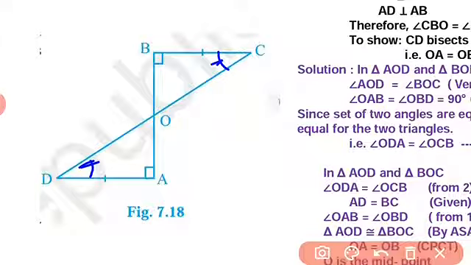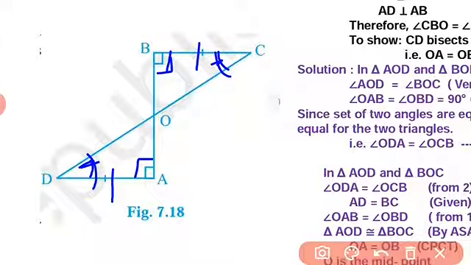Now what all things did we get? We got this angle is equal to this angle, 90 degrees each. This angle is equal to this angle. Angle ADO is equal to angle BCO. We proved that just now. And this side AD is equal to side BC. It is already given. So what all things we got?